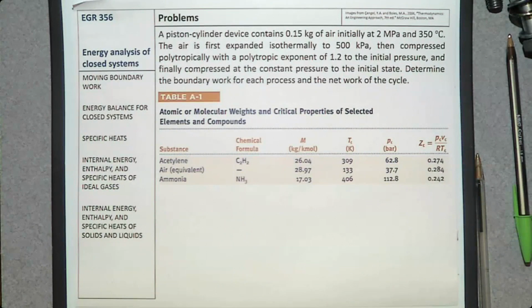Doesn't mean that we are analyzing an engine or something. Piston cylinder device is just the easiest concept that can change its volume. That's why we always say either rigid container or piston cylinder device. It contains 0.15 kilograms of air initially. So we have an initial condition.